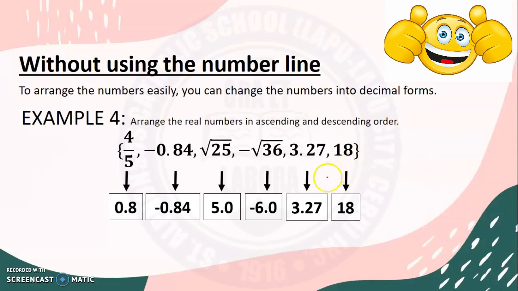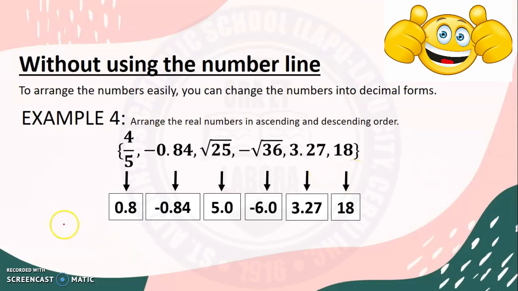Now, let's arrange them in ascending order or increasing order. Increasing order means from lowest to highest, from smallest number to biggest number.